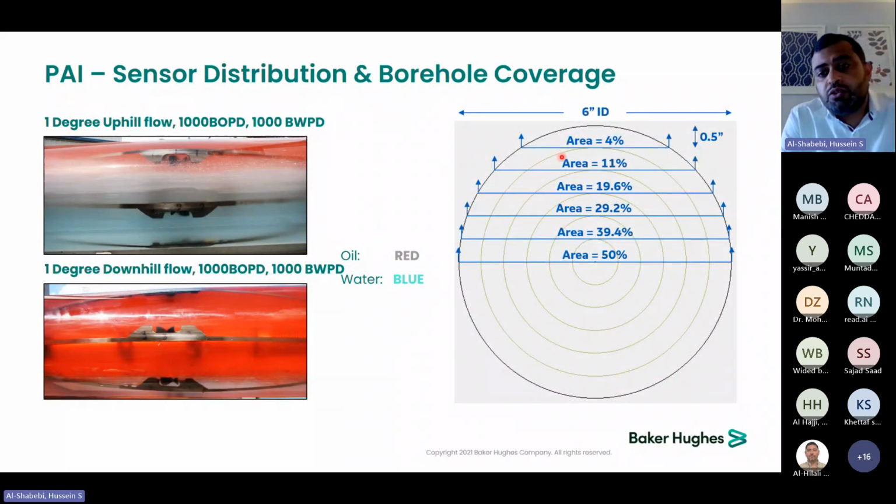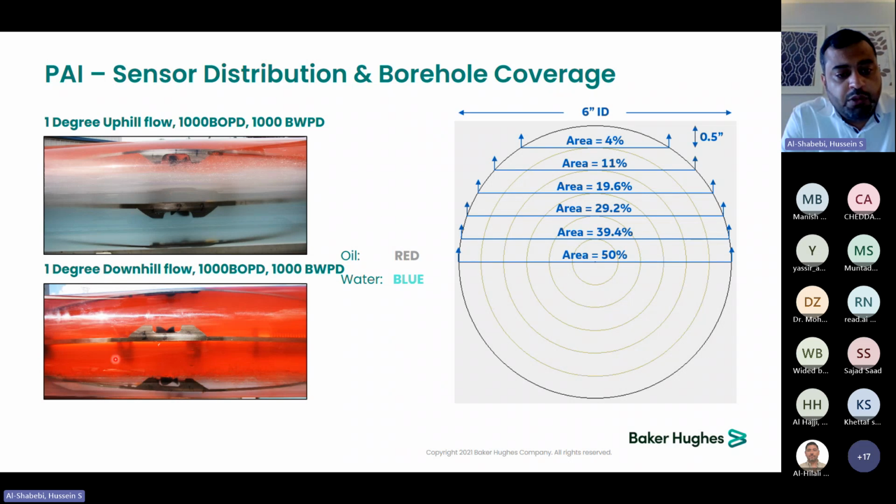This slide shows you how important it is to allow the tool to touch the top side of the wellbore, because decentralization can enhance some of the errors in the measurements. In this example, this one is around 89 degree with 1,000 barrels of oil and 1,000 barrels of water. You can see the oil is occupying a very small layer at the top side of the wellbore.